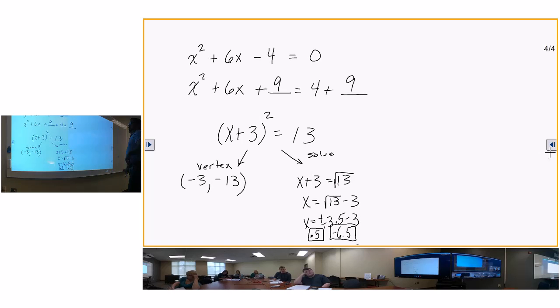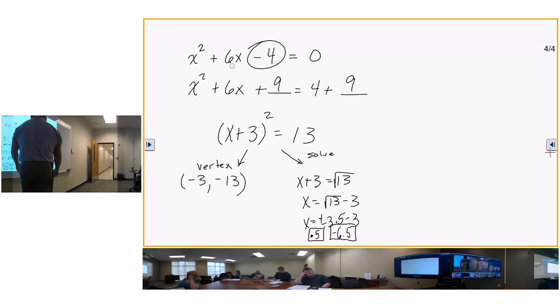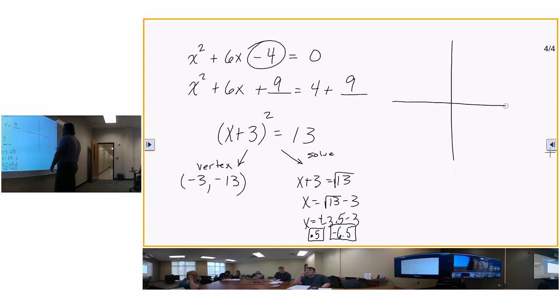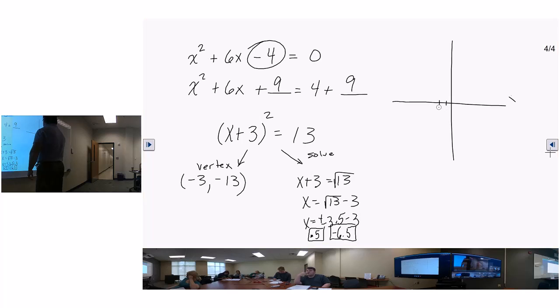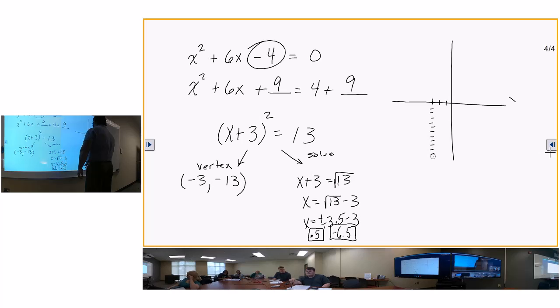We know our y-intercept is what? Negative 4. So let's see if everything lines up. That's why we sketch graphs, to see if things line up. Our y-intercept is negative 4.